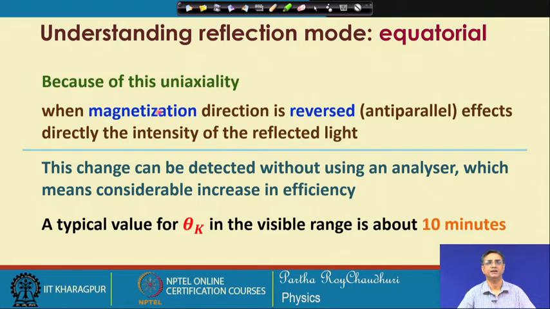Because of the uniaxiality in the reflection mode for this equatorial configuration, when the magnetization direction is reversed, that is antiparallel, it directly affects the intensity of the reflected light, and this change can be detected without using an analyzer, which means a considerable increase in efficiency. So, intensity measurement will be visible, which tells that the rotation is quite large. A typical value of theta k in the visible range is about 10 minutes.